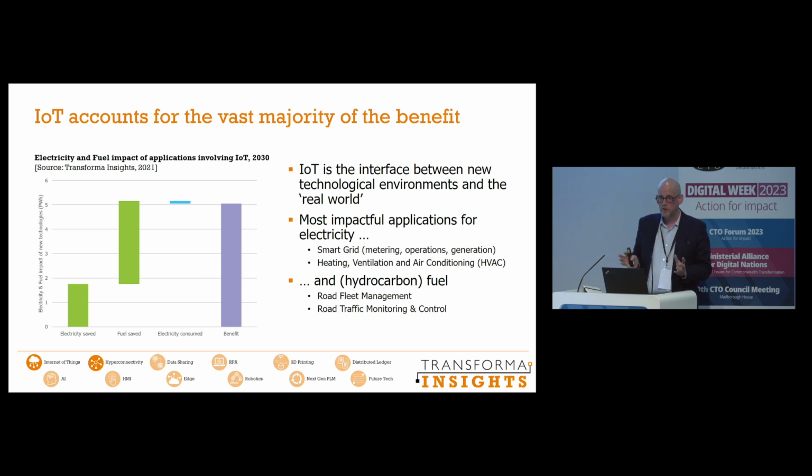Now, organizations that are deploying this stuff generally don't think of themselves as deploying IoT. They think about themselves as putting in place a fleet management solution or rolling out a smart metering program. But we collectively consider this all to be the Internet of Things.